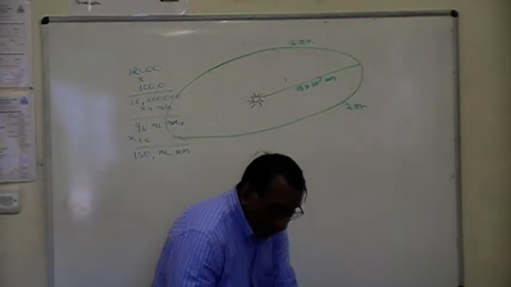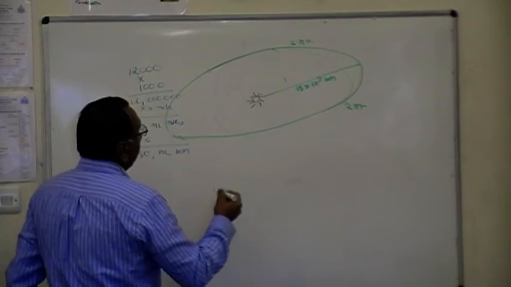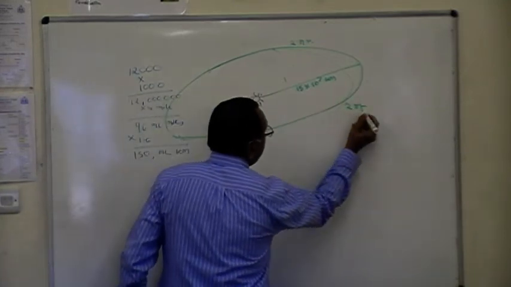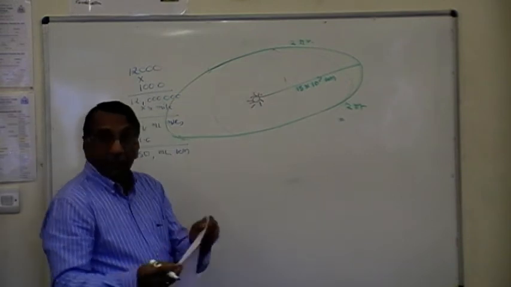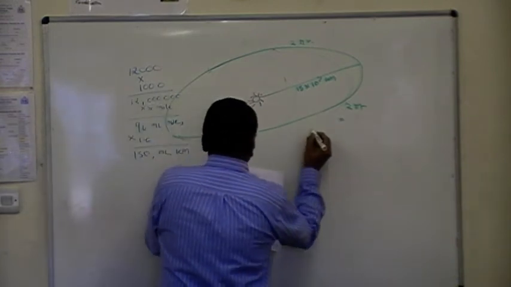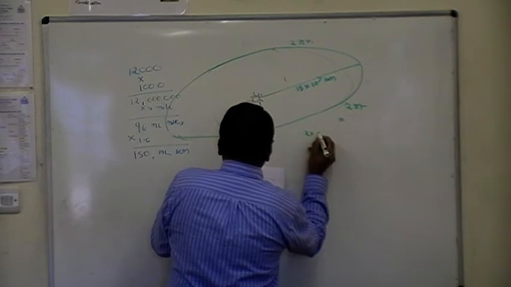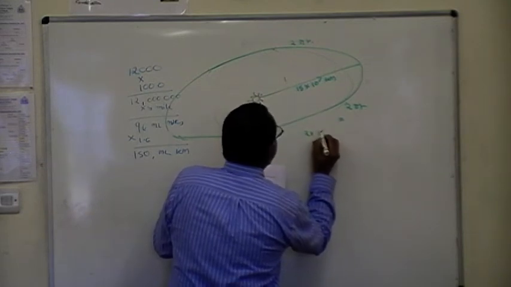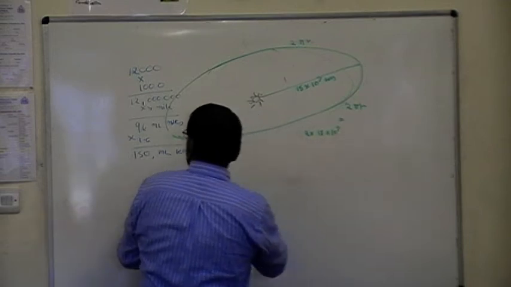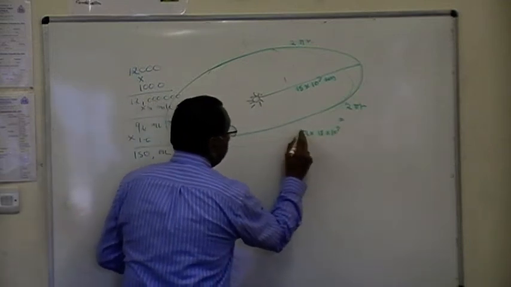So what we are doing here is actually calculating what is 2 pi r. The calculation is given there. 2 times 15 into 10 raised to 7, that is that.